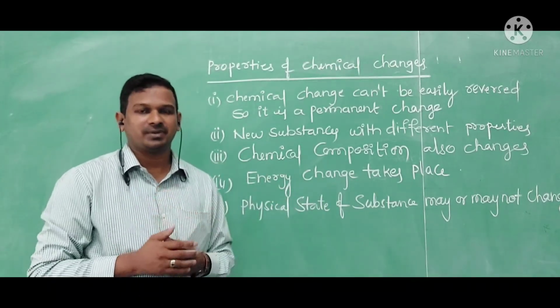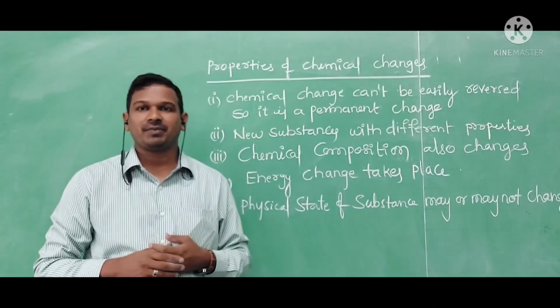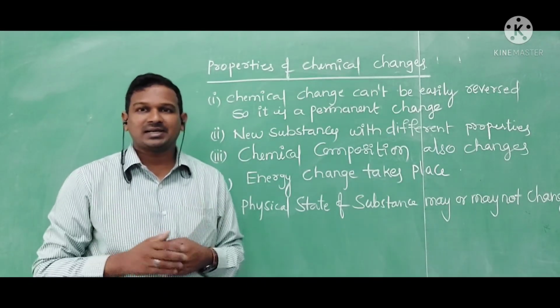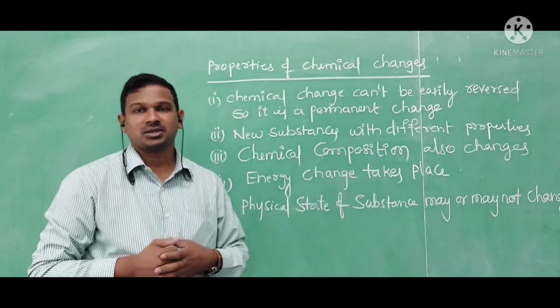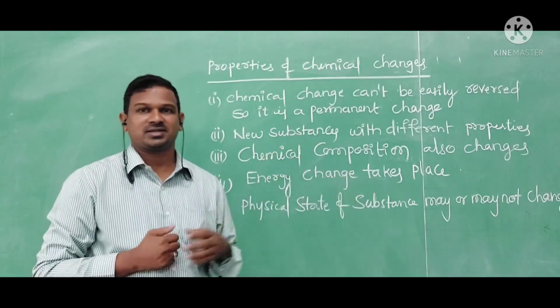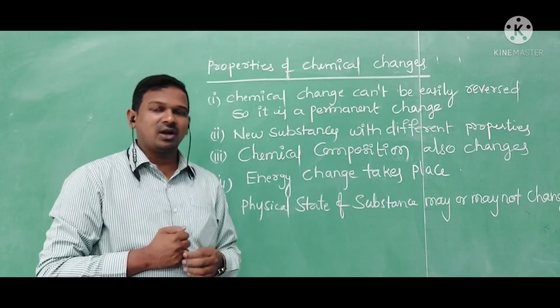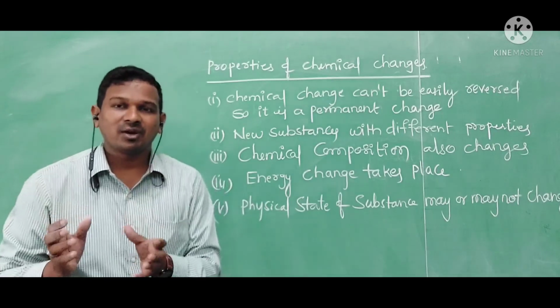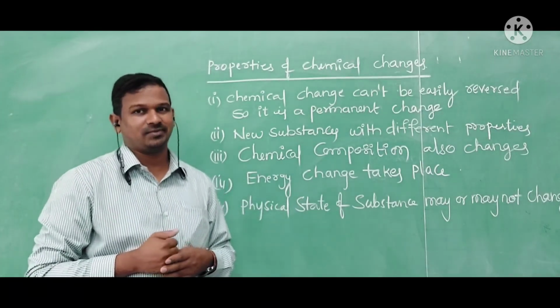It's a permanent one. Next one is, new substances with different properties will form. When two reactants are added together to form a new product, it will have new properties. The product will not have the old reactants' properties.